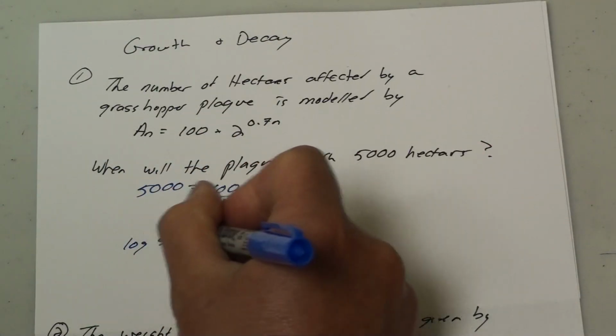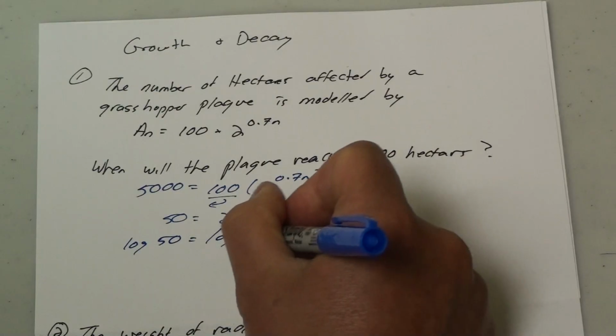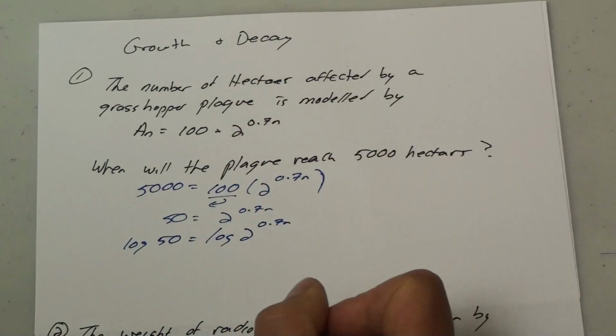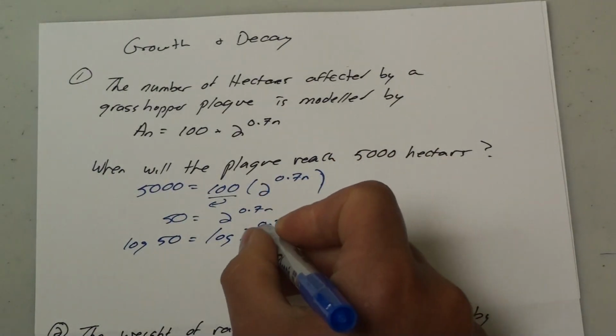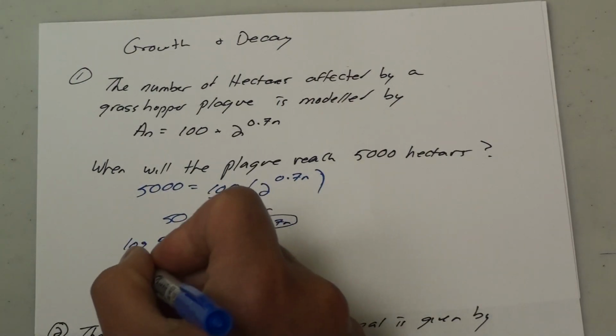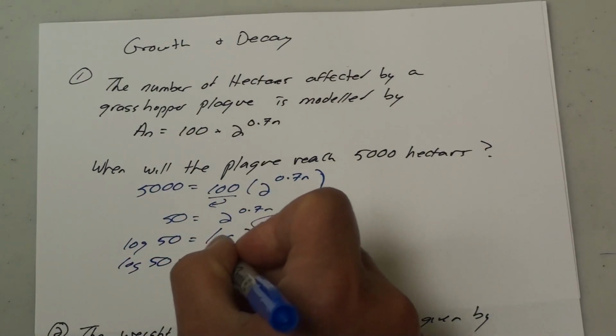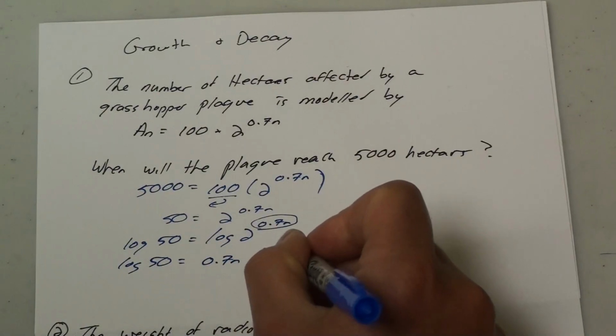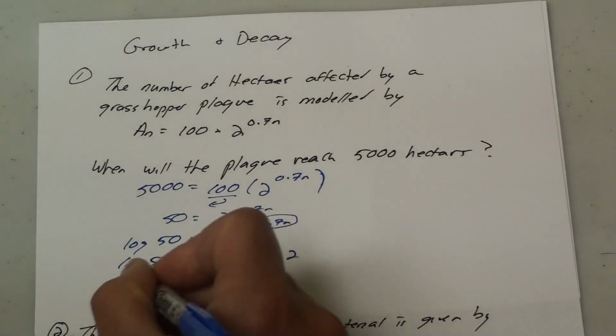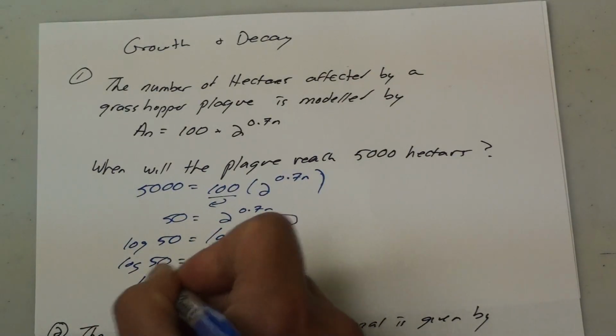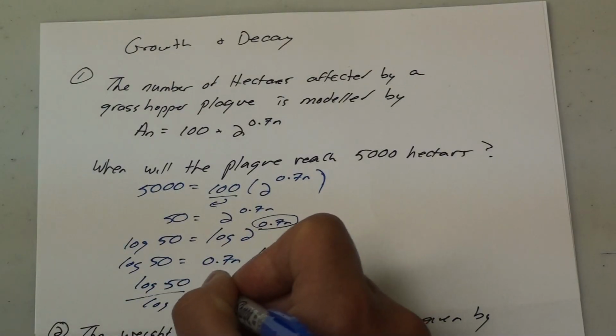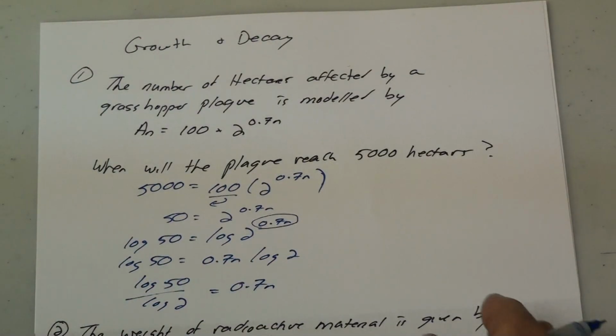So log 50 equals log base 2 of 0.7n. I'm going to bring my exponent down front, so log 50 equals 0.7n log 2. Divide the log 2 over to the other side, so log 50 divided by log 2 equals 0.7n.